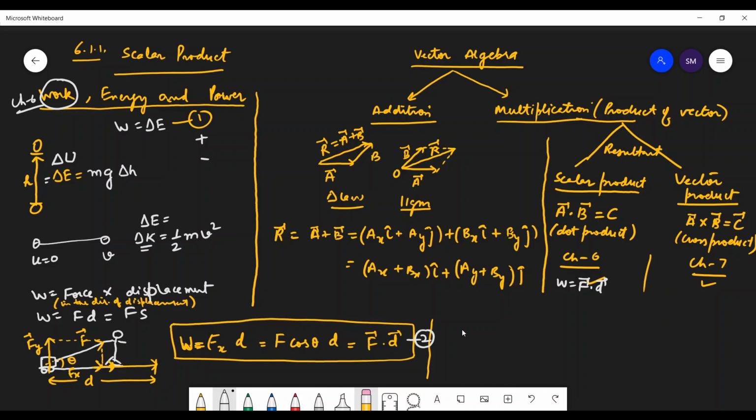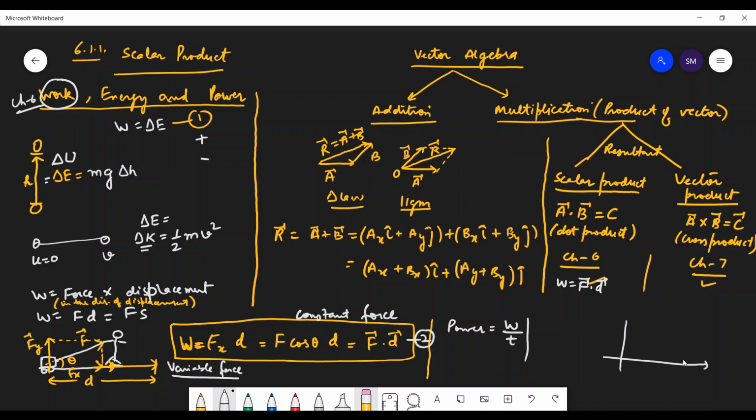So this formula is for the constant force. Now, what if the force is variable, force is not constant? Then what will be the formula? So, if I have a variable force, it means the force is changing.